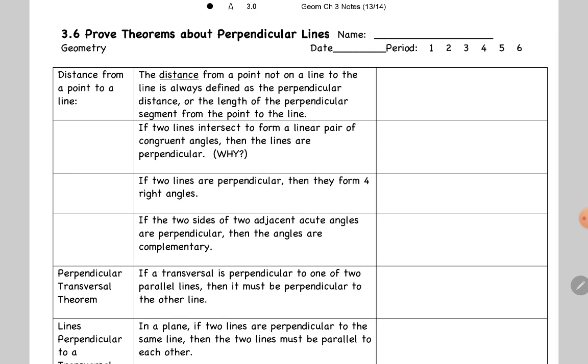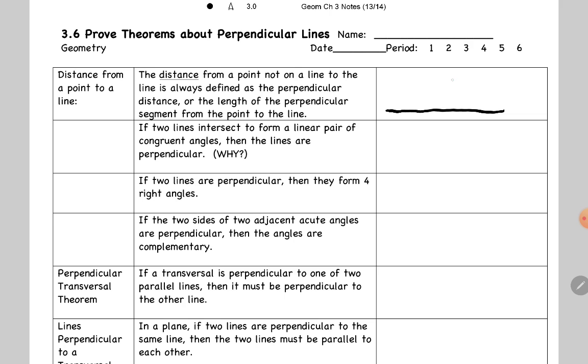So here we go. The distance from a point not on a line to a line is always defined as the perpendicular distance, or the length of the perpendicular segment from the point to the line.